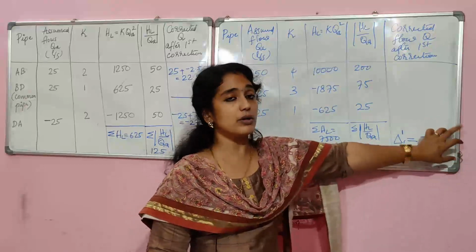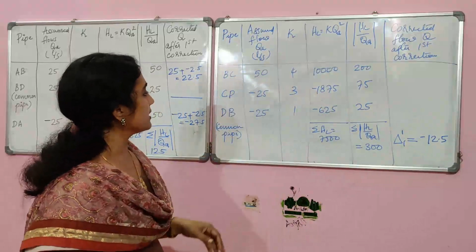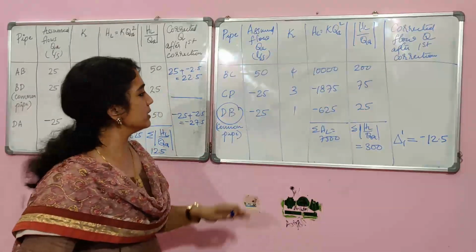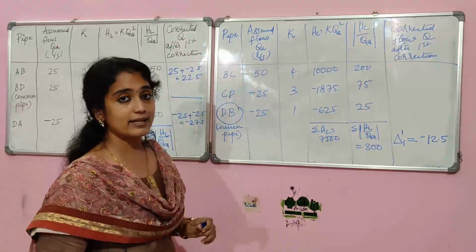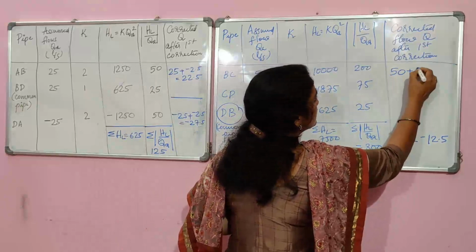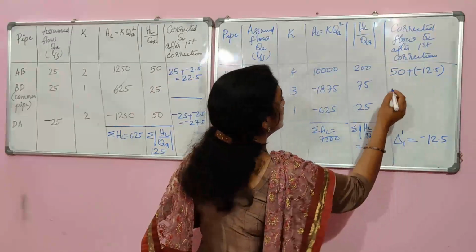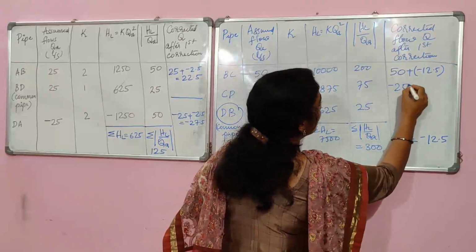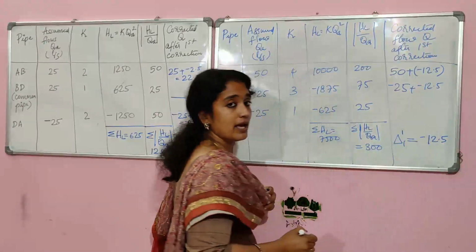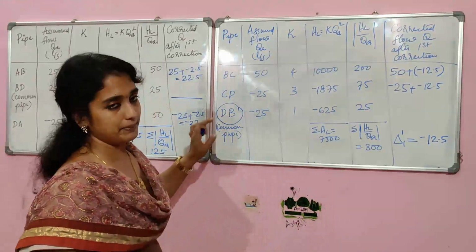Then we have to give the correction to these flows. DB is the common pipe, so for the rest we can apply directly. That is 50 plus minus 12.5, and then minus 25 plus minus 12.5, and then the common pipe DB.